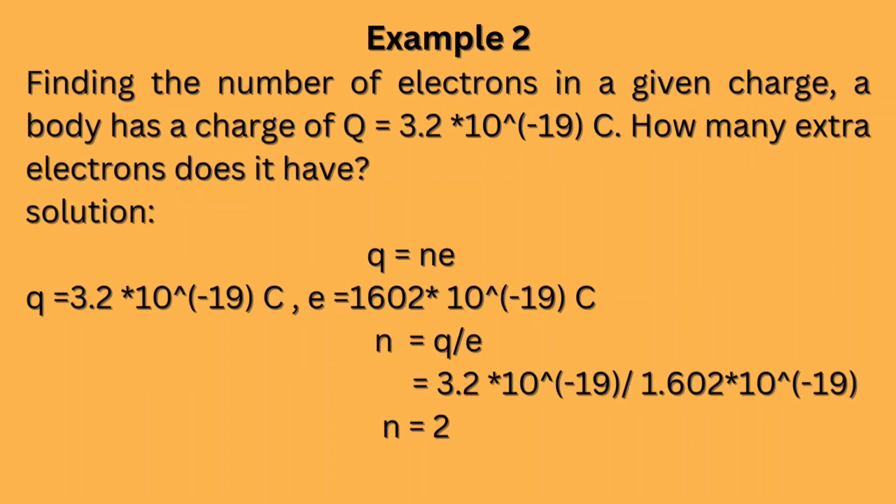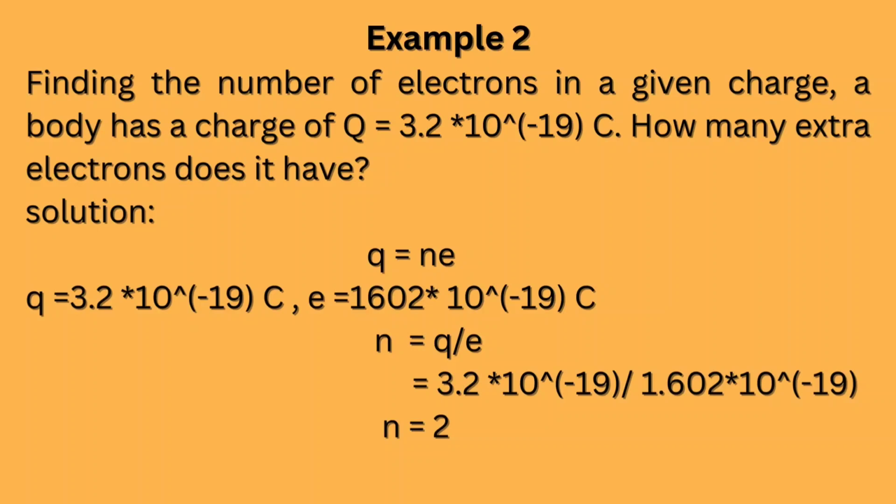Second example, find the number of electrons in a given charge. A body has a charge of Q equal to 3.2 into 10 power minus 19 coulomb. How many extra electrons does it have? So we use the formula for charge quantization. Q is equal to n e. e is equal to 1.602 into 10 power minus 19 coulomb, the elementary charge.